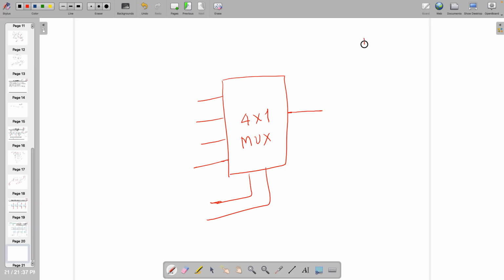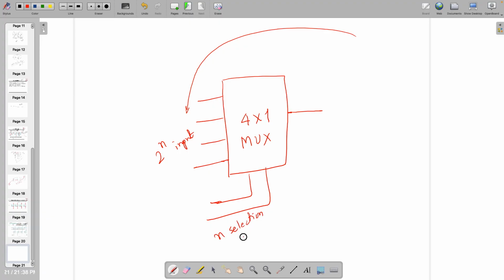So we know that for a 2 raised to n cross 1 mux, there are 2 raised to n inputs, n selection lines, and 1 output. It works as follows.